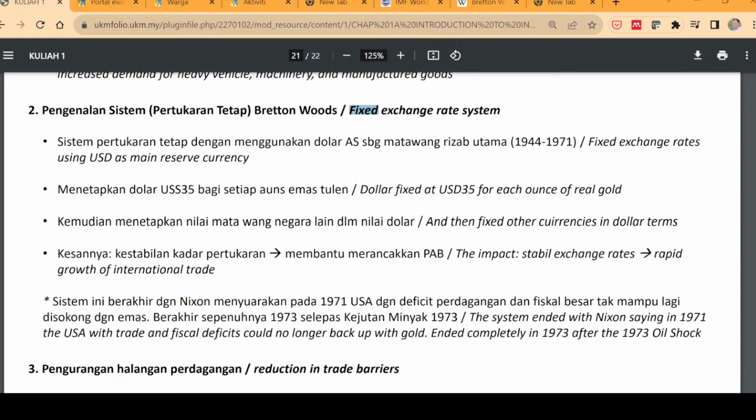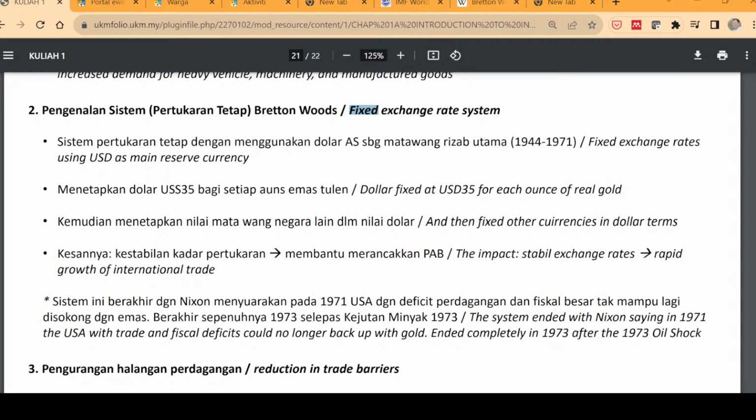And that USD is fixed in value in terms of gold. So every country that participated in this Bretton Woods system would use the US dollar as the reserve at their respective central bank.